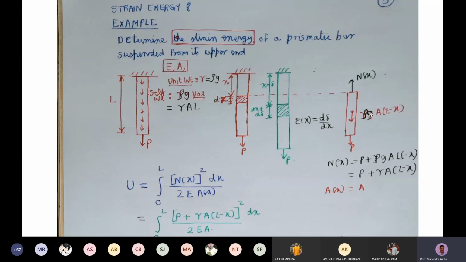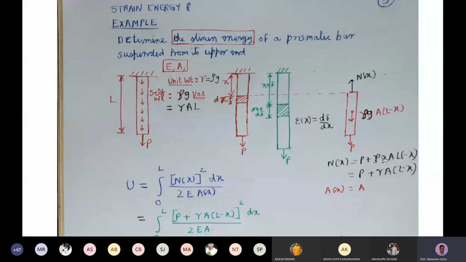At the cut cross section, we have axial force, a tensile force, N of x, acting uniformly over that cross section area A of x. So we can calculate the axial force N of x by force balance. So N of x will be P plus rho g A into L minus x. So rho g is gamma.